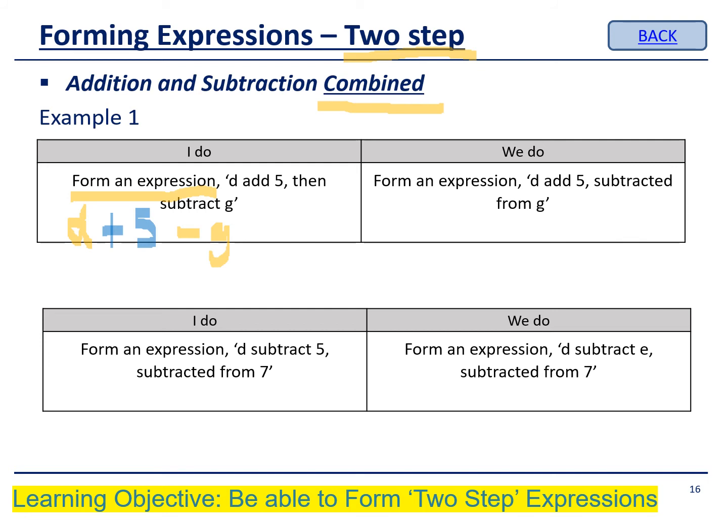Okay, now let's just say we add some brackets there just to say that, well, D add 5 then subtract G. So we put the brackets round, well, we know when we put brackets round things, we do that first, and then the next thing comes second. We don't need to actually work much out here. We just need to shuffle, as I say, 1 or 2 things.